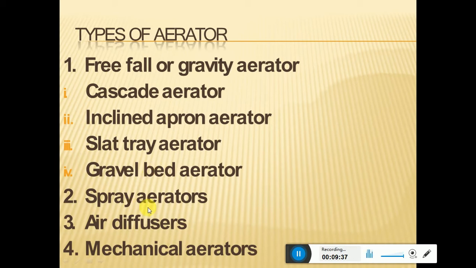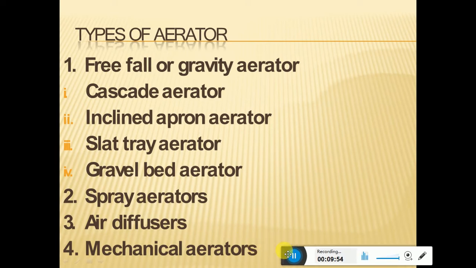Whereas these are the mechanical type of aerators wherein we blow the air by using diffusers and mechanical aerators with air blowers, so that water comes in contact with the air in the form of fine droplets, and the aeration process takes place.